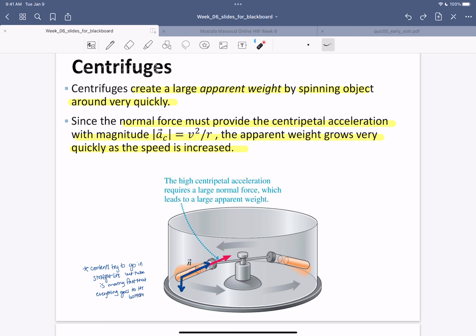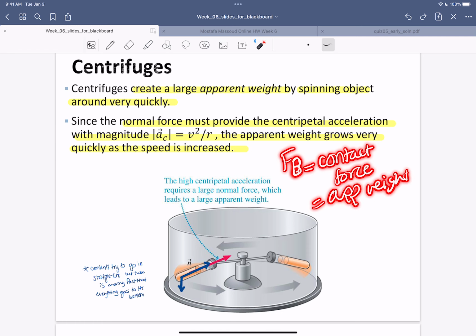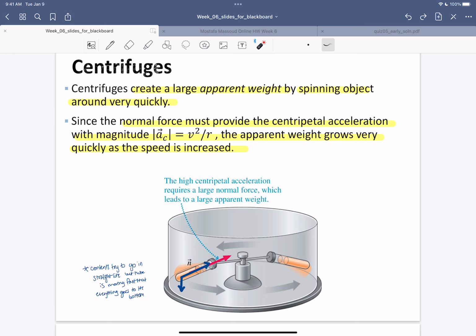And so you'll see here in a sec that the buoyancy force is your contact force in that case. And that's how we can track apparent weight. But yeah, we'll get to that in a sec. Otherwise, it's normal force for the most part. And if it's in a centrifuge, there's a fluid, it's going to be buoyancy that's going to track our apparent weight.